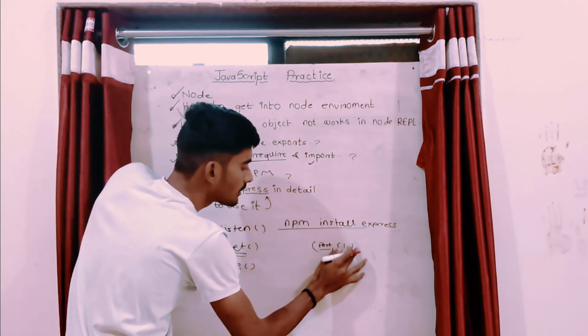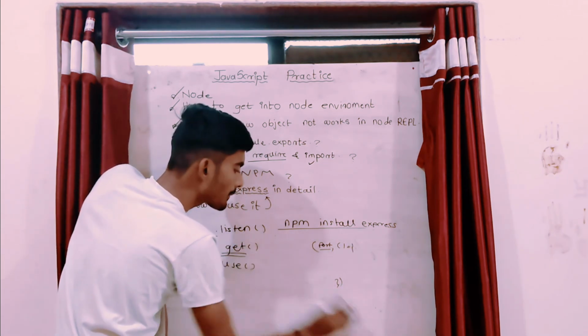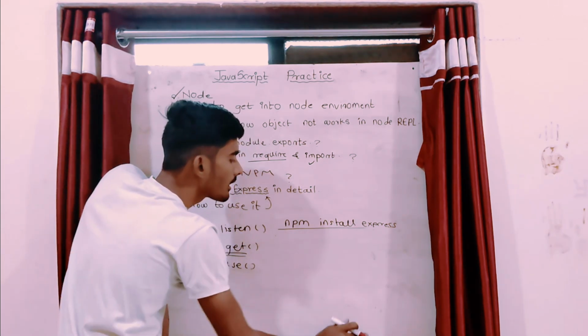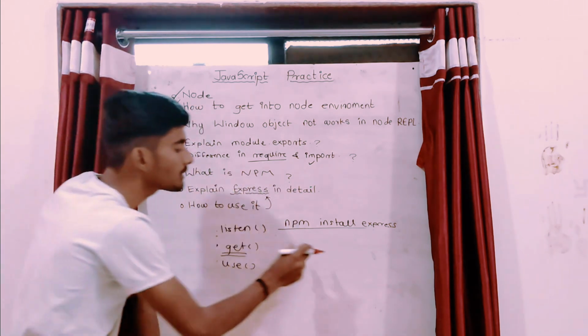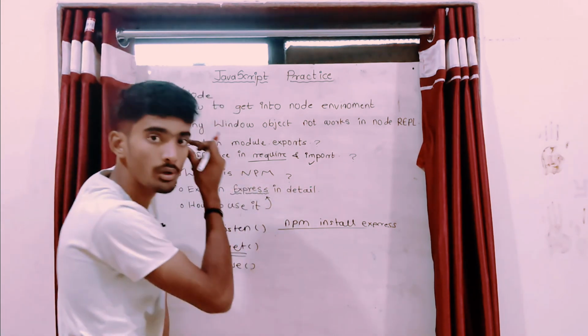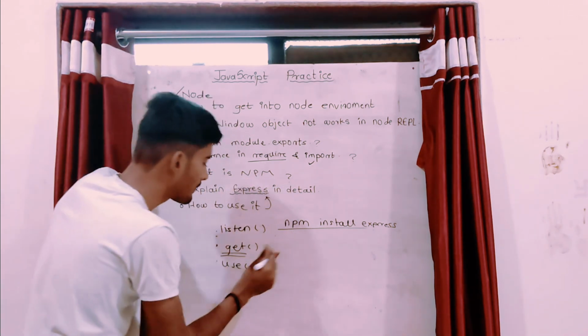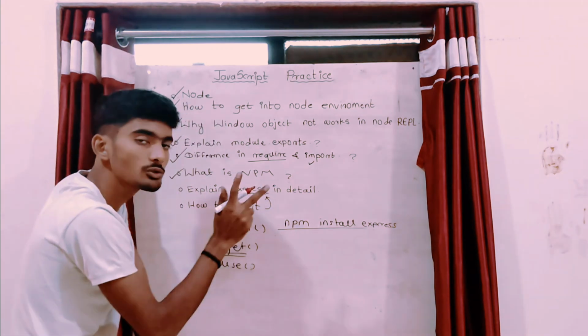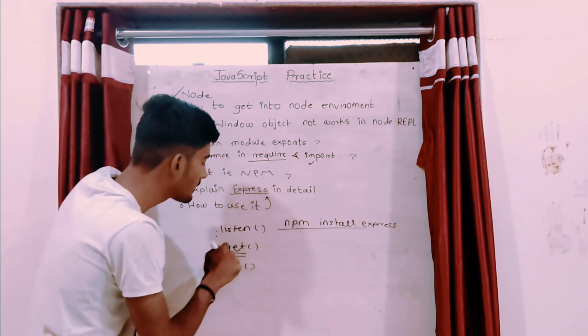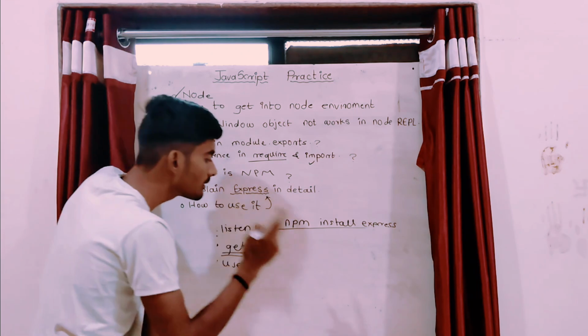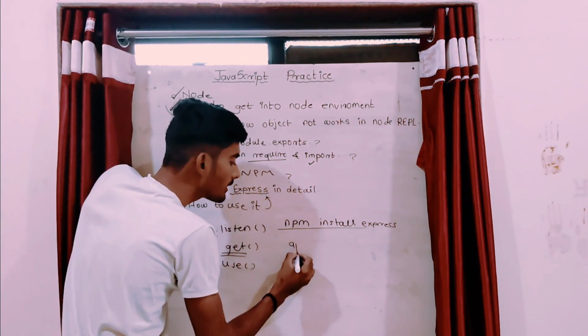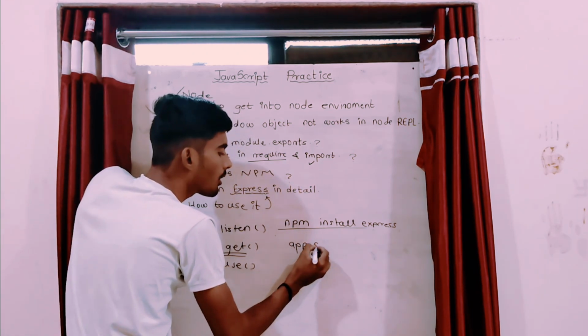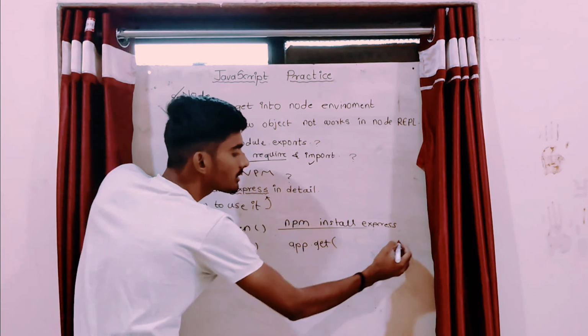When we use app.use, there were two parameters, request and response. Now we are using app.get. It has two parameters, and they are something like this.